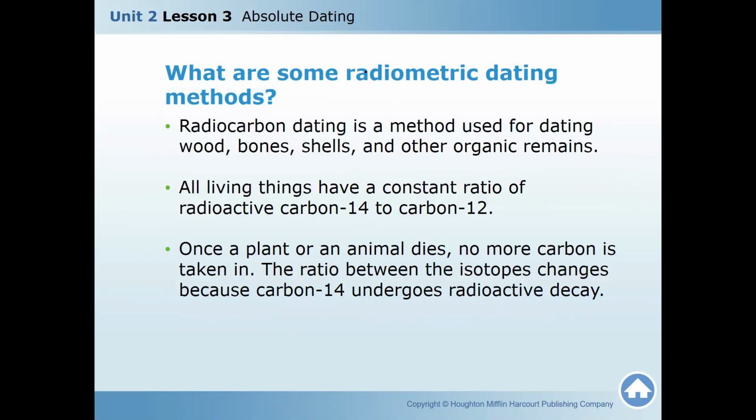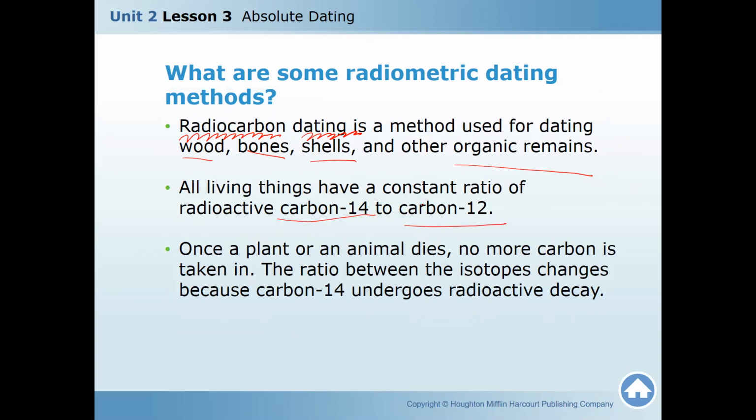What are some radioactive dating methods? First of all, radiocarbon dating, where they take wood, bones, shells, and other organic remains to calculate the age. Everyone has a constant ratio of radioactive carbon to carbon 12.